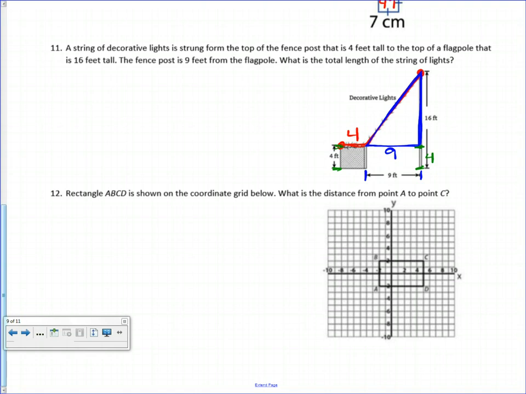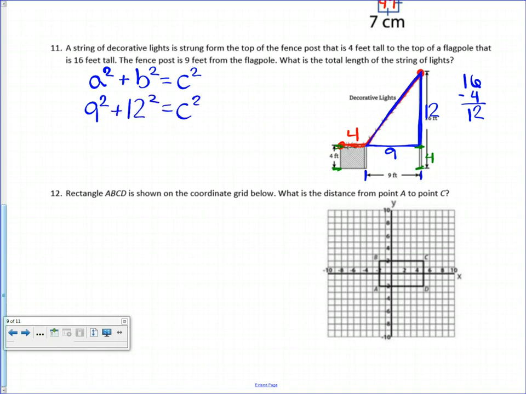So I know the height of the rest of my flagpole would be 16 minus 4. So I'm going to use 12 as the height of my triangle. So we're looking for a hypotenuse. A squared plus b squared equals c squared. A is going to be 9. B is going to be 12.